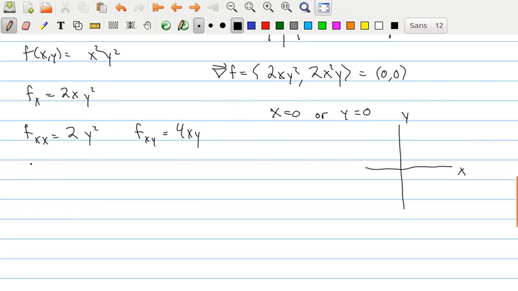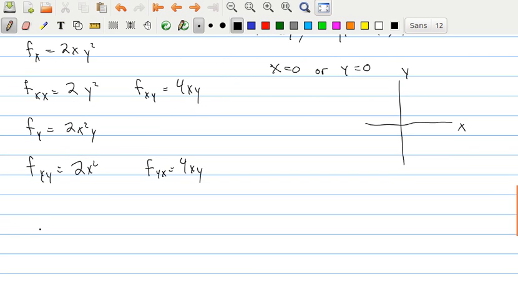And if we look at fy, this is going to be 2x squared y. Just go through, take the derivative. fyy, we take another partial with respect to y, we get 2x squared. And fyx, we take the partial with respect to x and get 4xy.